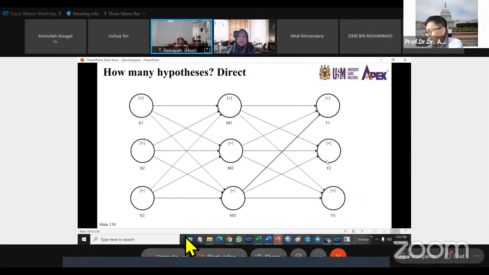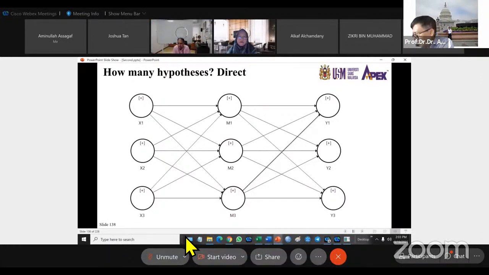Let me show you. Here we have three independent variables, three mediators, and three dependent variables. So we have this kind of model. From independent to mediator, we have 9 hypotheses.